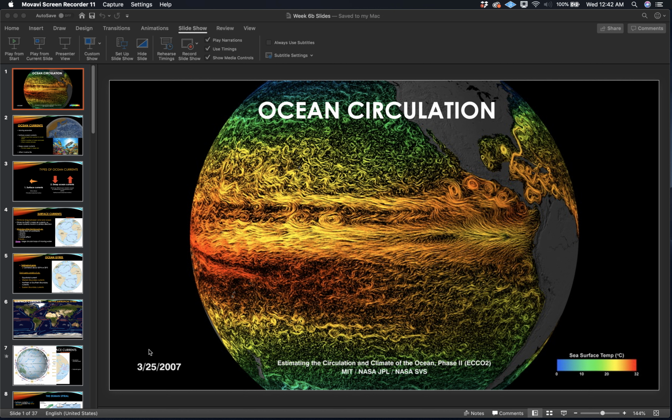So for the first slide here, I have the distribution of Earth's sea surface temperature. Red being the warmest regions and blue and green being the coldest regions. We can see here along the equator we have the warmest water, and at the poles we have the coldest.